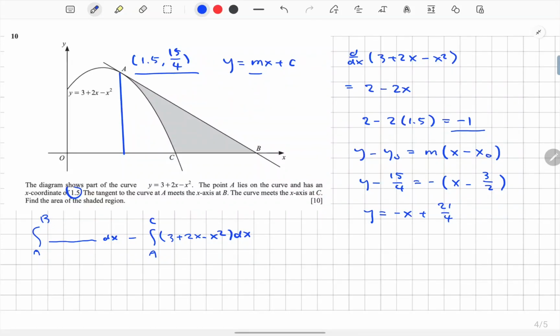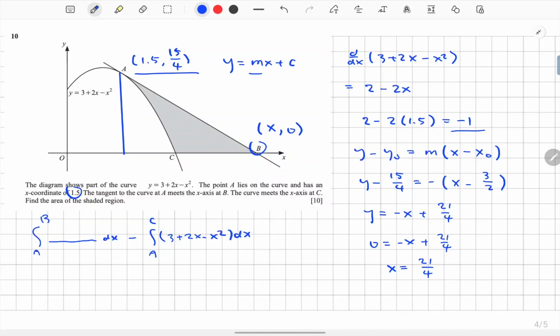Then using this line function, we can find the coordinates of B. At B, it is some x coordinate and the y coordinate is 0. So when y equals 0, we'll solve for x, and x equals 21/4.